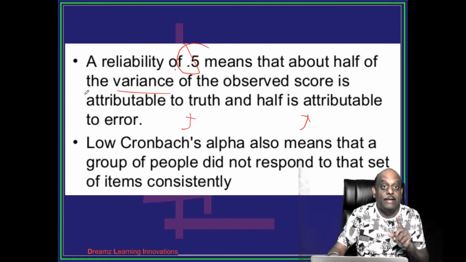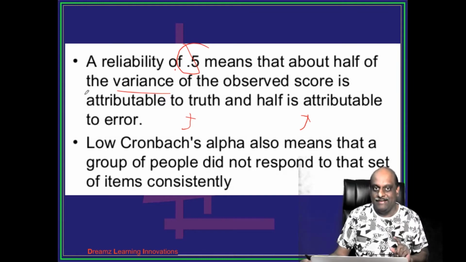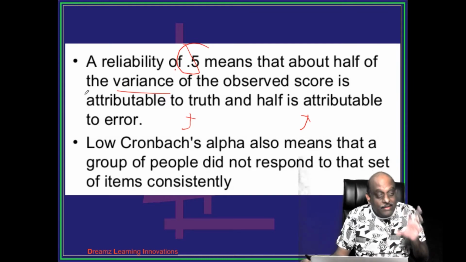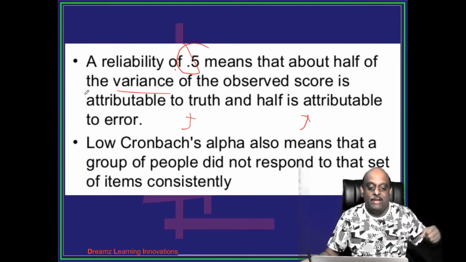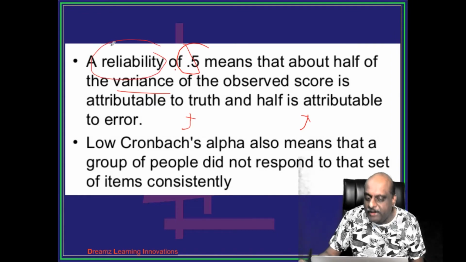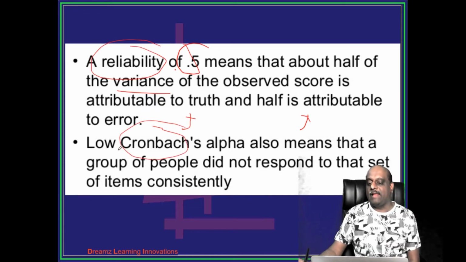So that is called reliability. What questions you ask, are they able to reflect the real discovery and truth? That internal reliability को टेस्ट करने के लिए Cronbach's alpha करते हैं.